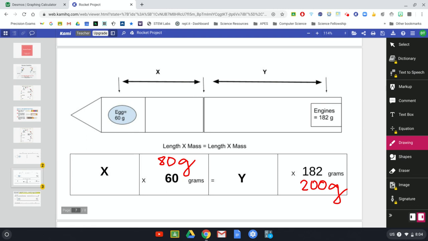So that's the first of our equations that will go into our system for deciding these lengths of X and Y.